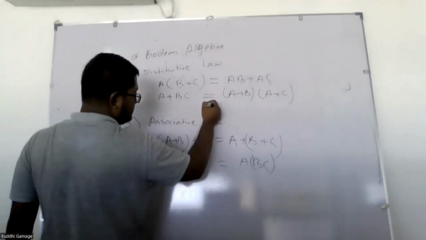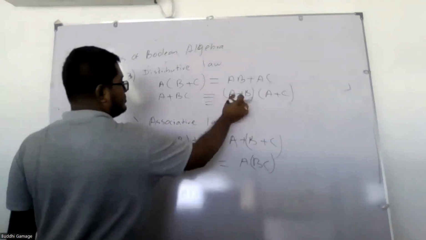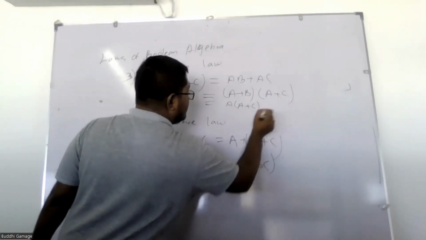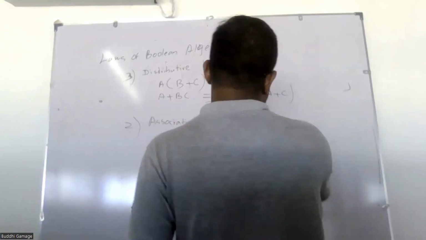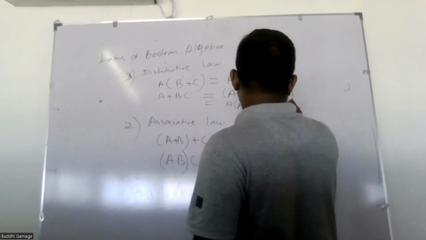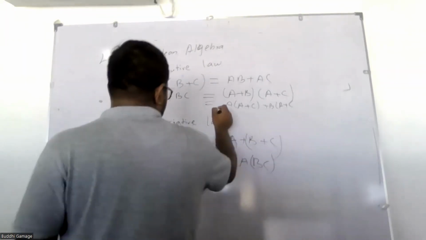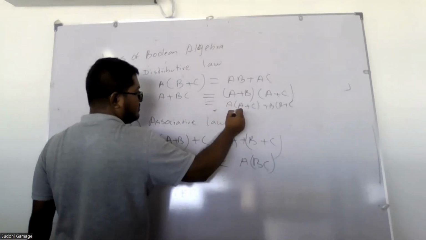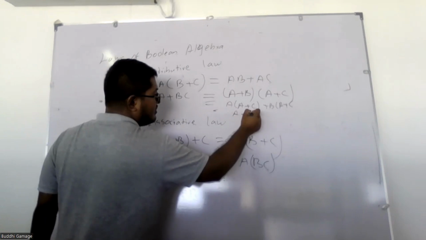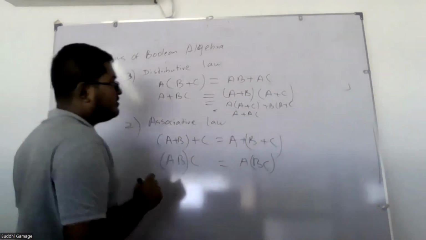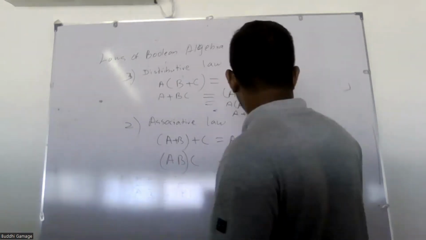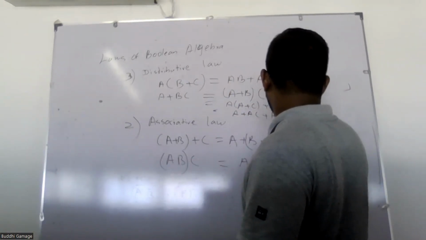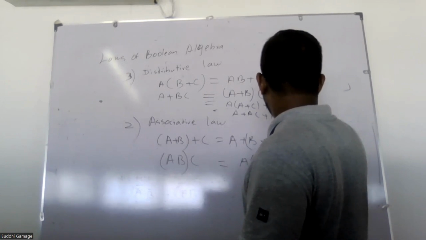So let's do this one. A plus B times A plus C. Here A and A, that means A plus AC. Here it should be AB plus BC.